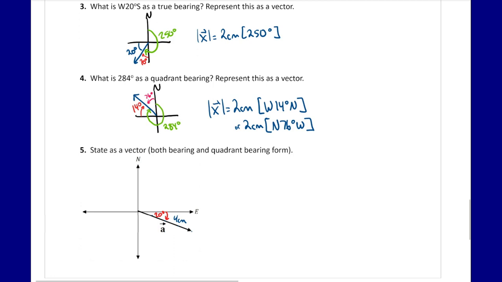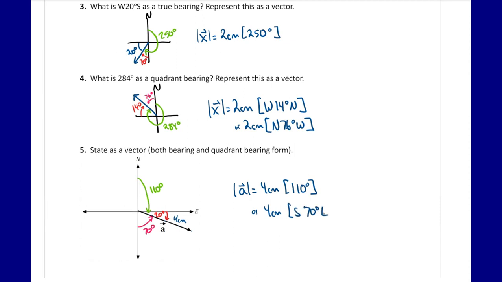If that's the case, then from north it would be 110, and from south it would be 70. I have enough information to write out my two forms. So vector A is equal to 4 centimeters, true bearing 110 degrees. Or I could say 4 centimeters south, 70 degrees east, or 70 degrees east of south. I could use the 20 as well.